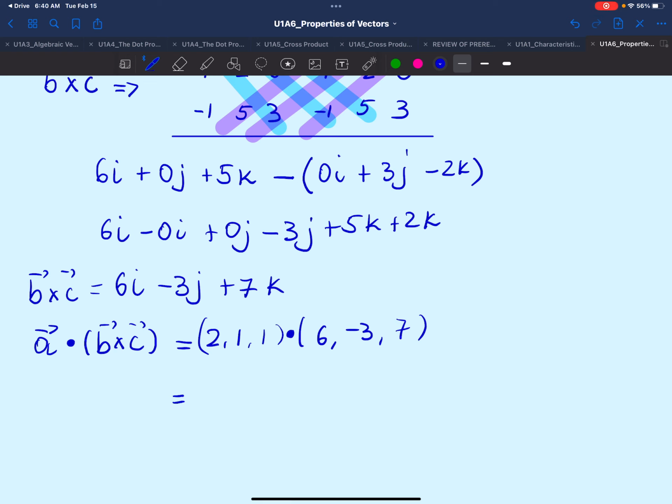So in this case, we're multiplying the x's together, the y's together, the z's together, and adding them all up. So 2 times 6 is 12. 1 times negative 3 is negative 3. 1 times 7 is 7. So here we go. We get 12, negative 3, and 7. So that would equal 9 plus 7, 16.